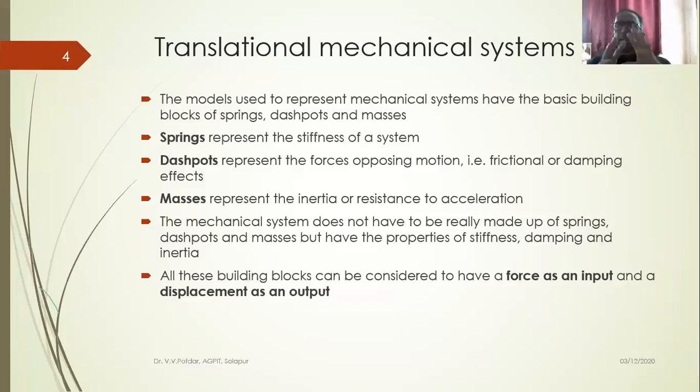I study various translational mechanical systems. And what I observe is that the behavior of that translational mechanical system can be captured, can be modeled by using three basic elements. So every translational mechanical system, basically it will have some inertia component when it is in motion, right?